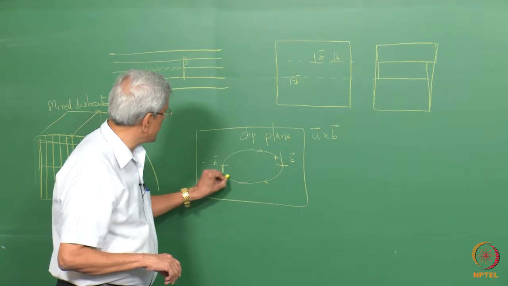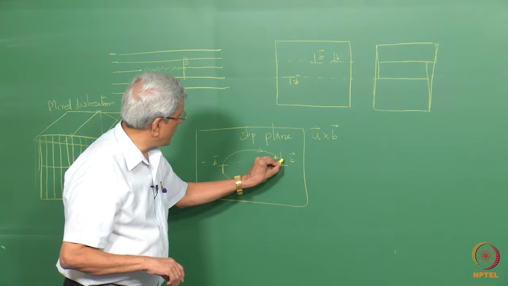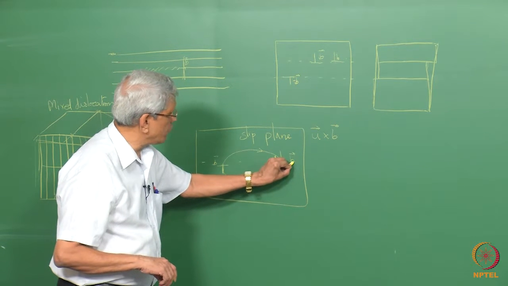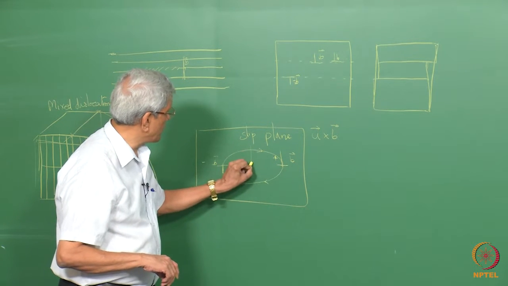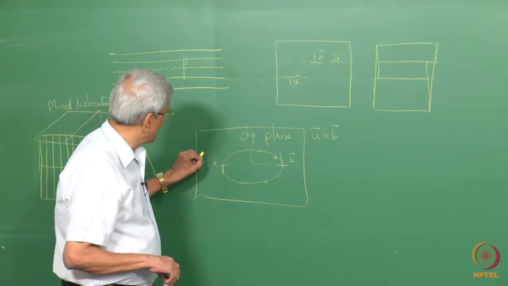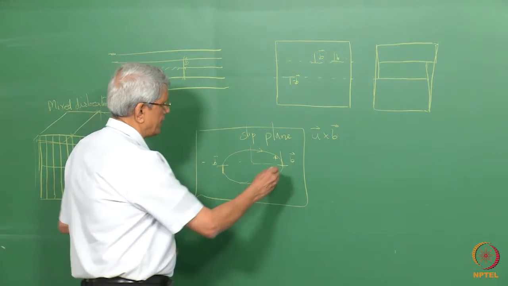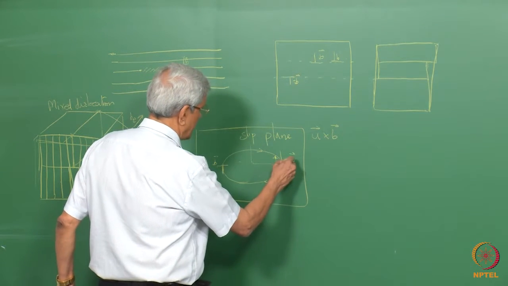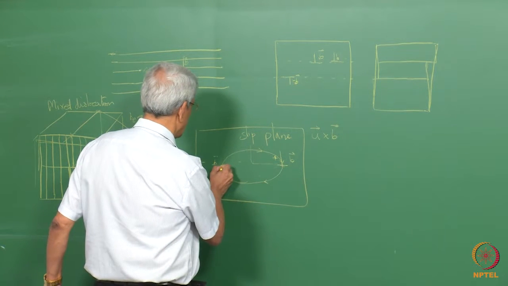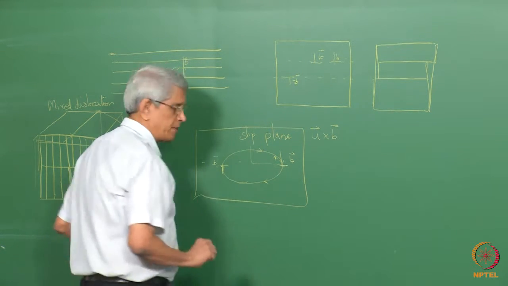So, if the line direction remains the same and you try to construct a Burgers circuit around a dislocation, we will find that with respect to the coordinate system which we have chosen, this side has become a negative value, because here the dislocation line is coming out of the screen, and here it is going into the screen.